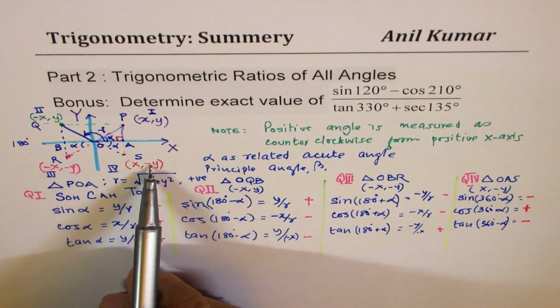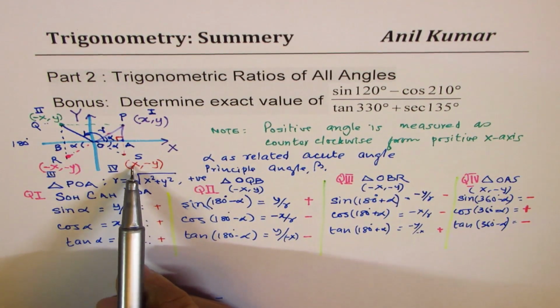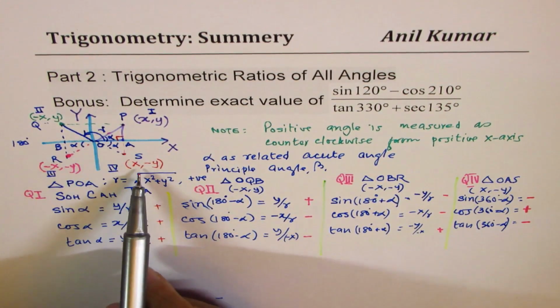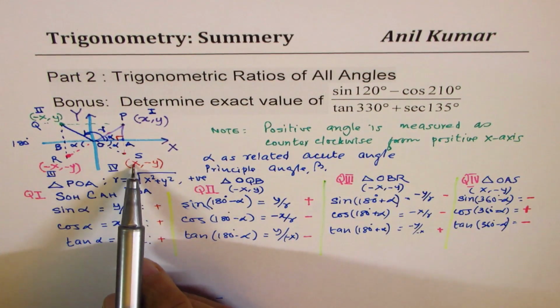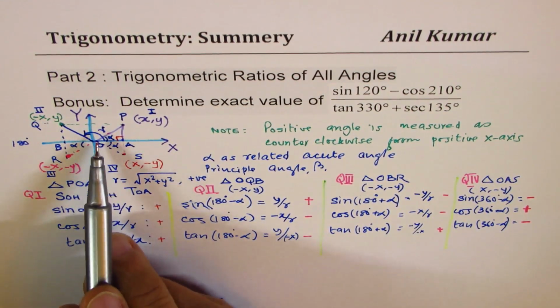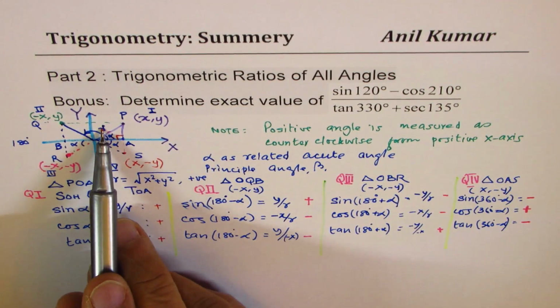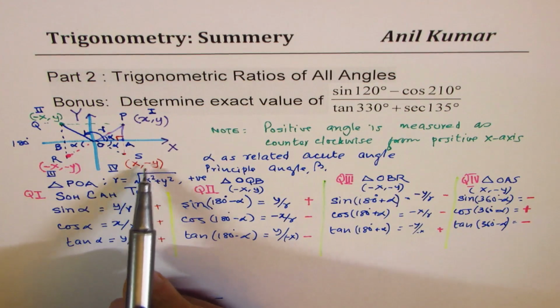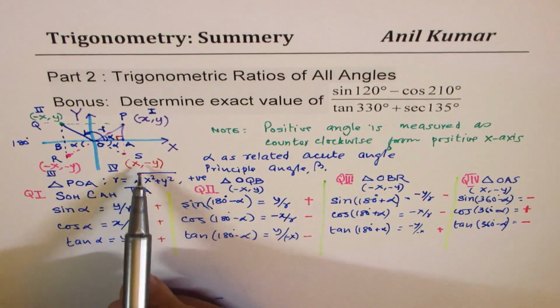Since the y value is negative and x is positive, and sine is the ratio of y over r, sine is minus y over r, which is negative, cos is x over r, which is positive, and tan is the ratio of these two, one of them is negative, so tan is negative.